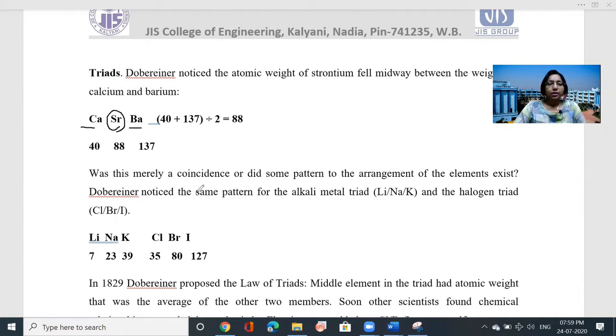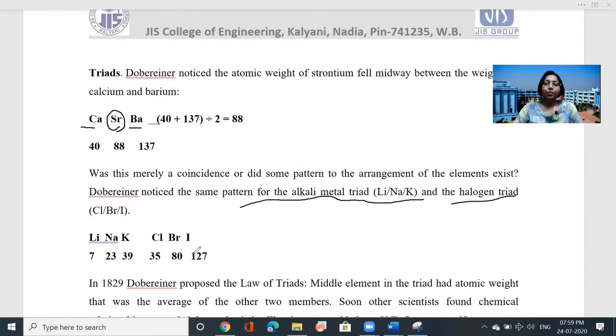Next, was this merely a coincidence or did some pattern to the arrangement of the elements exist? Dobereiner noticed the same pattern for the alkali metal triad and halogen triad.